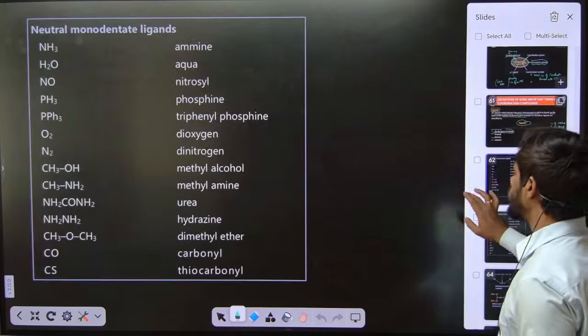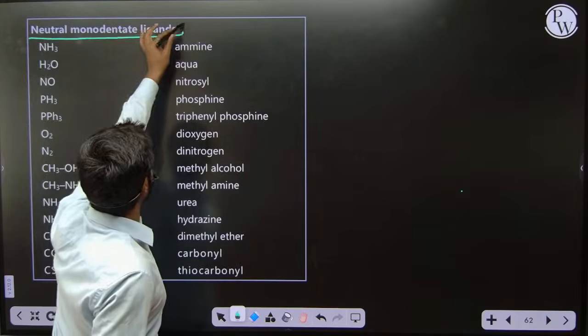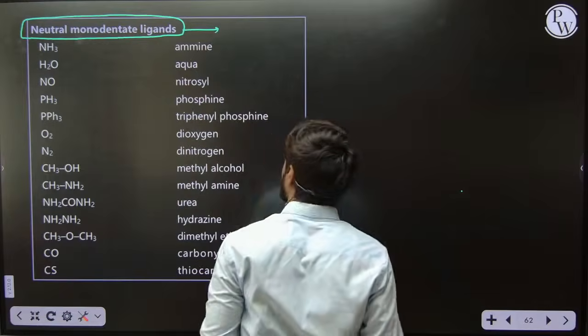First of all, the neutral monodentate ligand. A neutral monodentate ligand is named only by its species name.